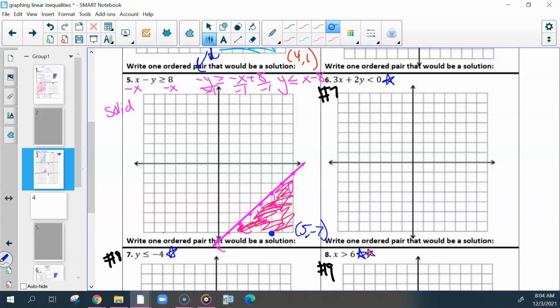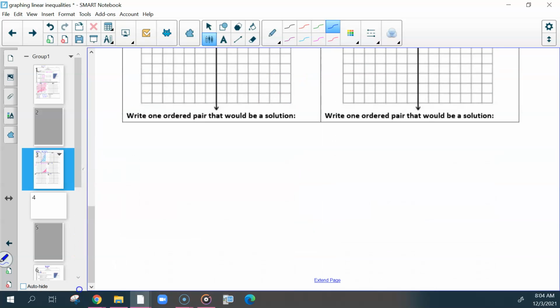I see some no's. Let's check it. Less than or equal to, x times, I said 7, negative 1. So you can check this for any point that you have, either in slope-intercept form or standard form, it does not matter.